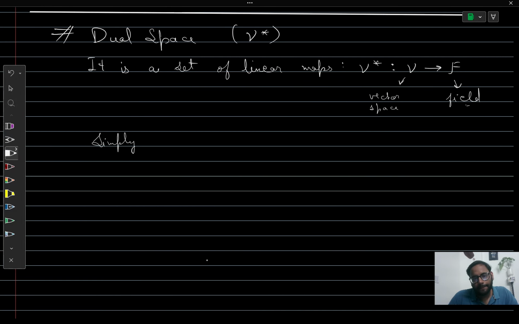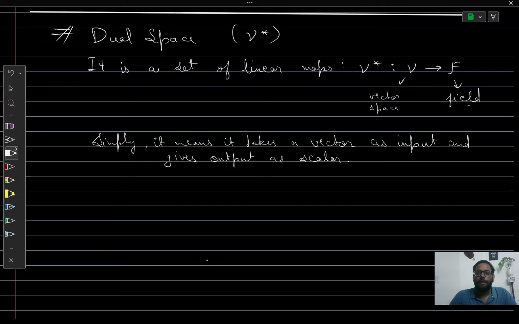Okay, simply it means it takes a vector as input and gives output as a scalar that belongs to the field. So a dual space is a linear map from a vector space to a field.